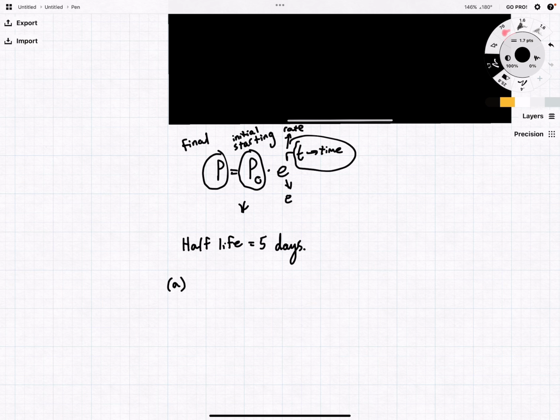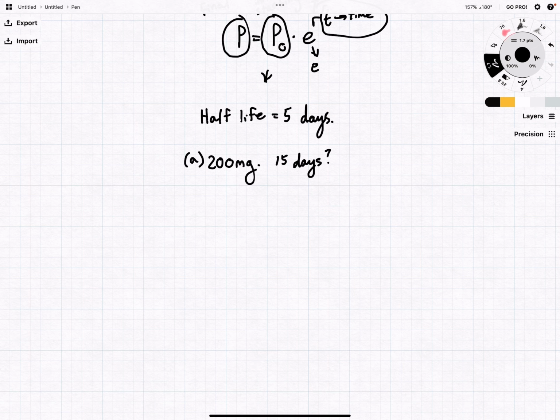A says you have 200 milligrams, and what's remaining after 15 days? Well, we know that every 5 days, it will be half that mass. So here we go. We're at 0 days. Well, let's just orient this a different way.